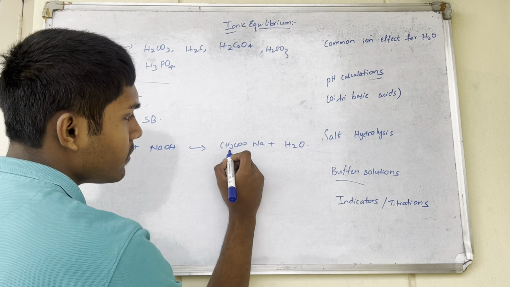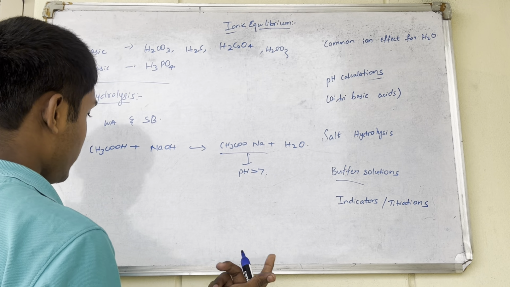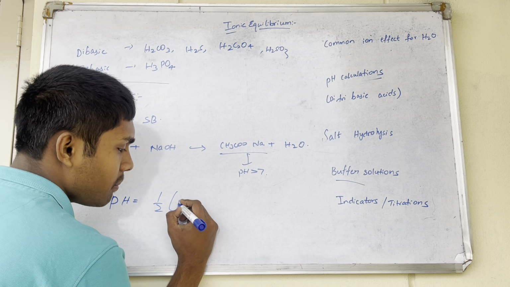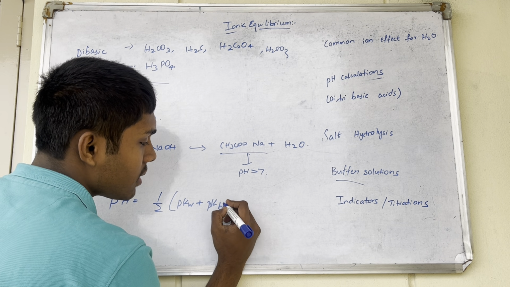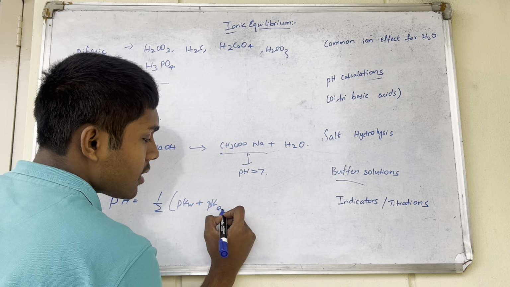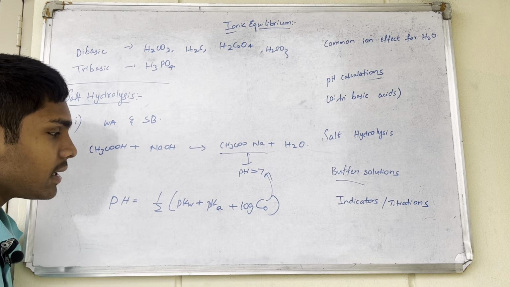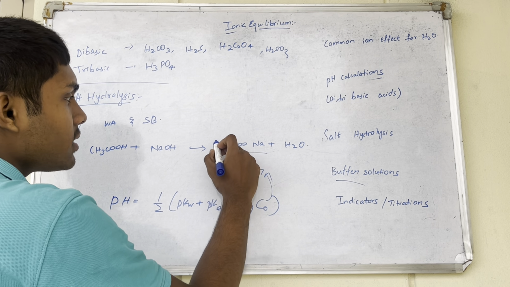So generally this pH is going to be greater than 7, as we know. So for that we have the pH formula: pH equal to half of pKw plus pKa plus log C naught, where C naught means the concentration of the salt. So this is the pH formula. Directly you can apply this and find the answer.